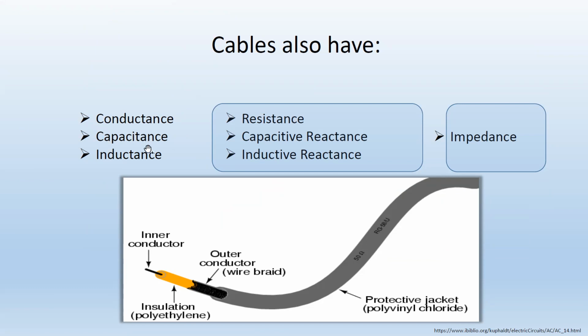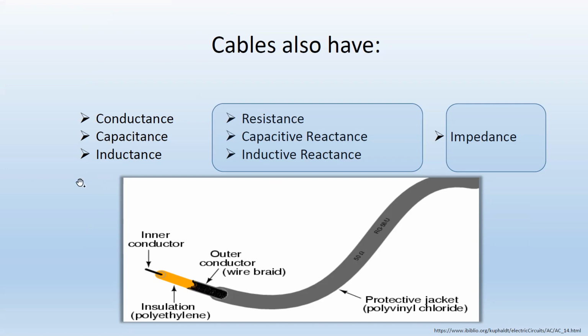We had conductance, capacitance, and inductance. It's part of every single electronic part that exists. Everything will have conductance, because conductance is the opposite of resistance. So if it has conductance, it will have resistance. Any kind of electronic part or anything that we connect will have capacitance. It will have inductance. Now, how much of which it is going to have depends on the purpose of the part and how it is built for that purpose.